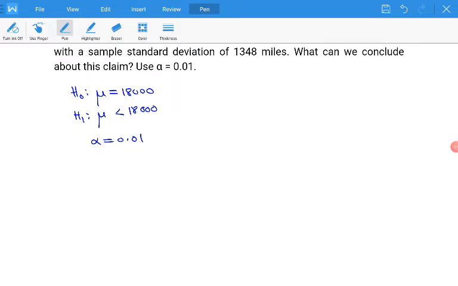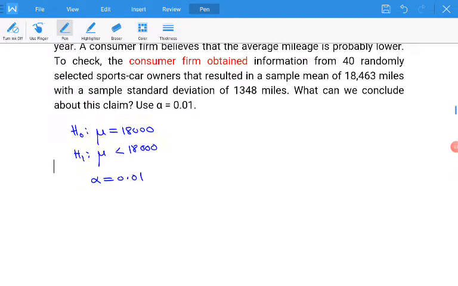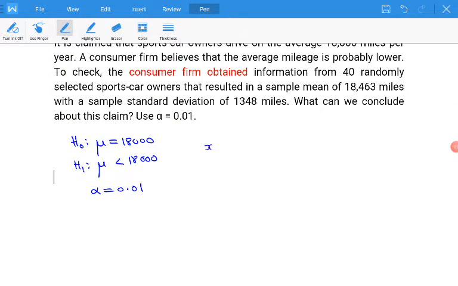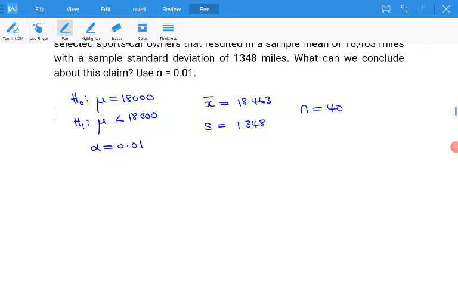So this time around, we don't need to calculate the mean and the standard deviation because we are already given those results. So x bar is equals to 18,463. Standard deviation is equals to 1,348. And our n is equals to 40. So we just jump on to calculate the test statistic.